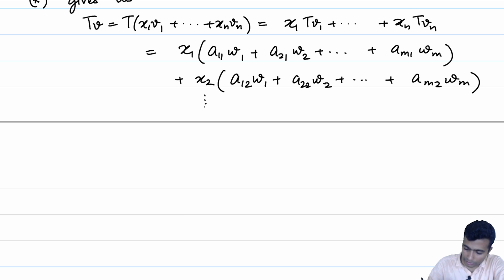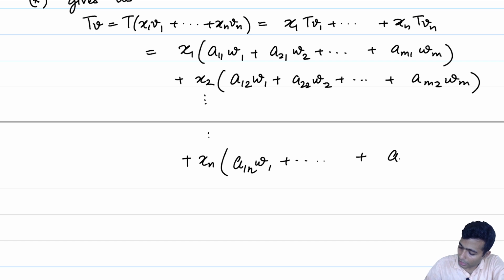And x3 times Tv3 can be written similarly. Finally, xn times Tvn, again the first index corresponds to w1 and the second one corresponds to vn, so this will be a1n w1 plus dot dot dot plus amn wm.